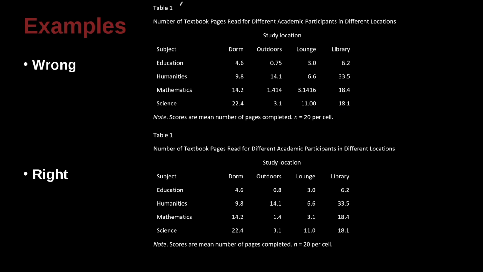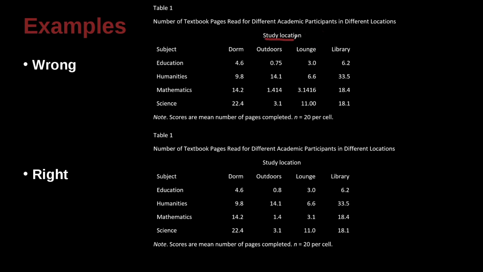Okay, let's take a look at another example here. Number of textbook pages read for different academic participants in different locations. So we have our subjects here. We have our study location, which is going to be dorm, outdoors, lounge, and library. This is looking pretty good, actually.